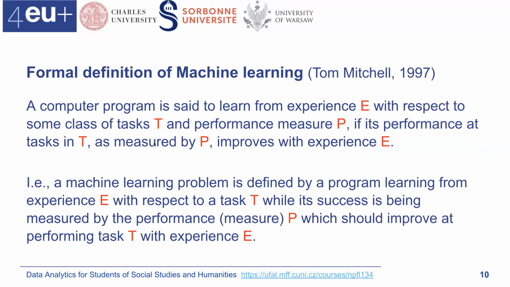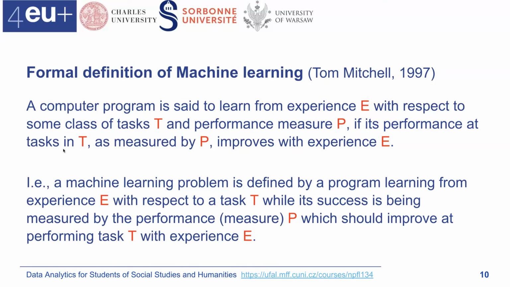Here I provide you a formal definition of machine learning presented by Tom Mitchell in 1997. I don't want to be formal when presenting what machine learning is about, but I think it's useful to present you this definition.